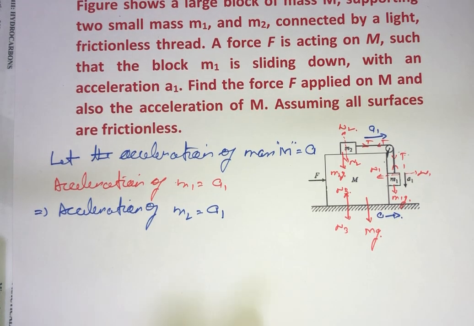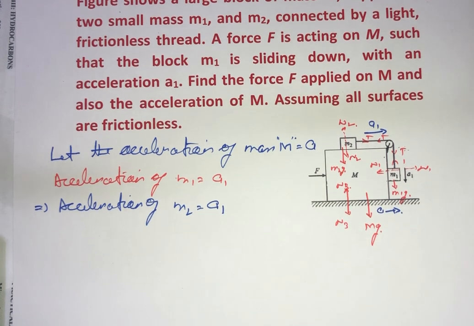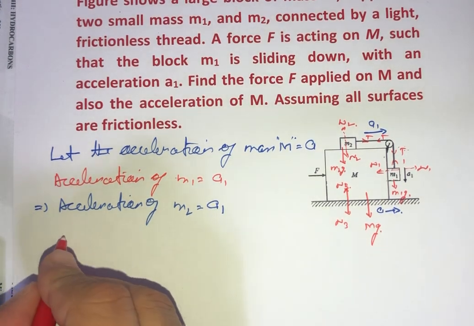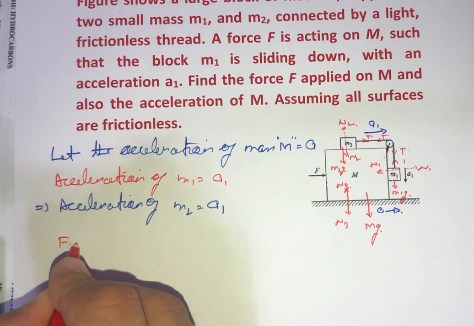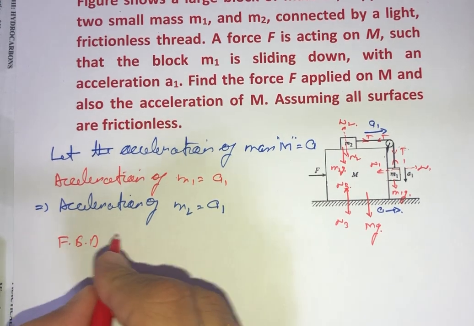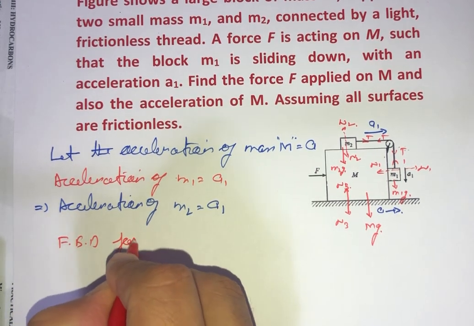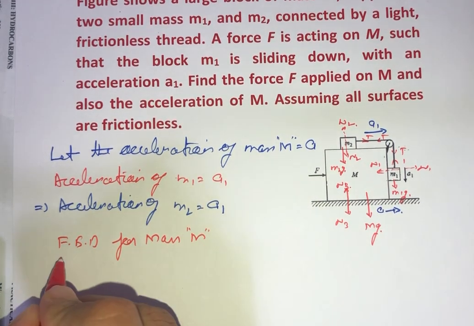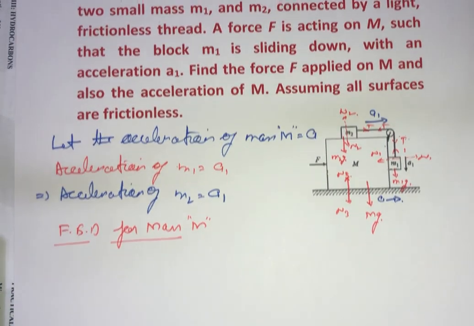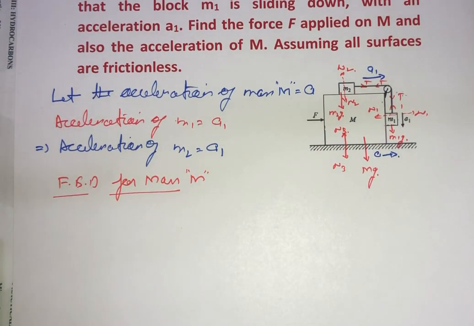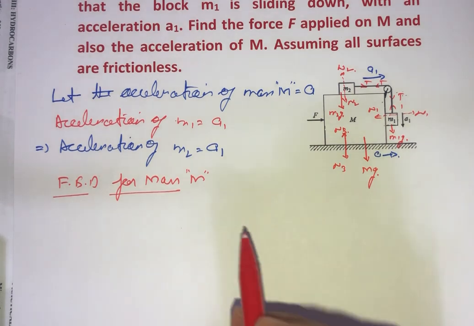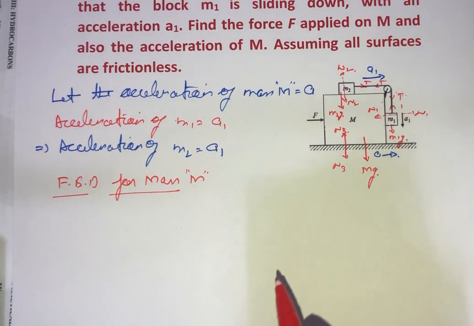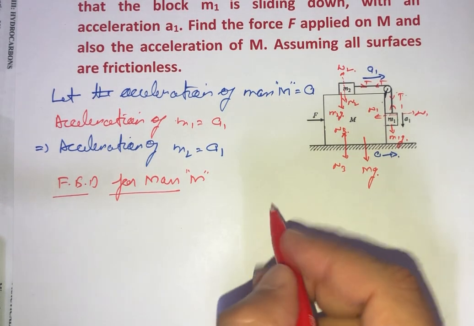Now let us consider the free body diagram for capital M, and based on that we are also going to write the two equations. One will be in the x direction or horizontal, and the other will be in the vertical direction y. Okay.